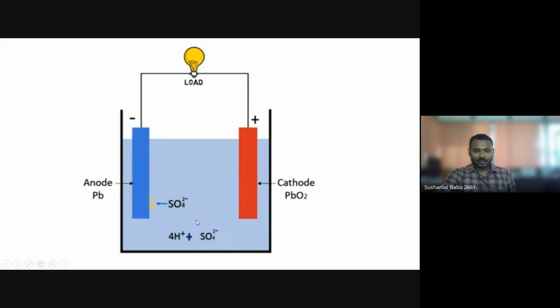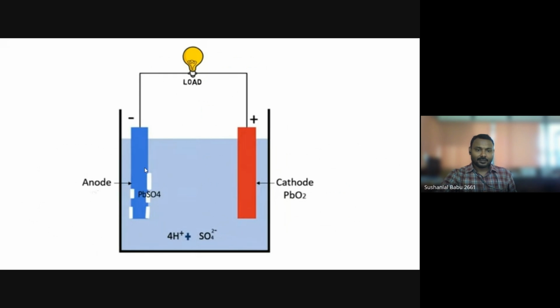One SO4 2- will move towards the anode, get oxidized, and combine with the lead to form PbSO4, which will be deposited over the anode. Electrons will be released on the anode as part of this reaction.